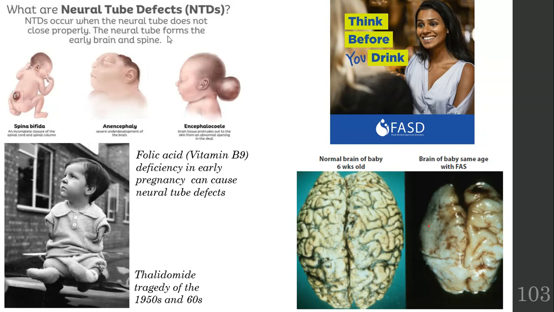tube defects. So for example, spina bifida, this is where the spinal cord is actually born outside of the spinal column. So it can be actually born outside of the skin. And again, many of these neural tube defects are caused by a deficiency in folic acid. So it's really important that pregnant women or women that are trying to get pregnant would take a supplement of folic acid.